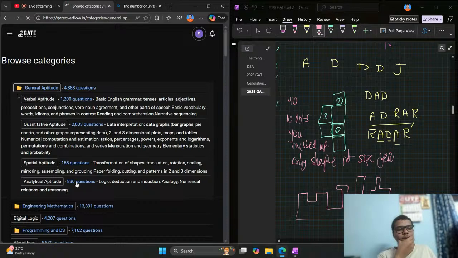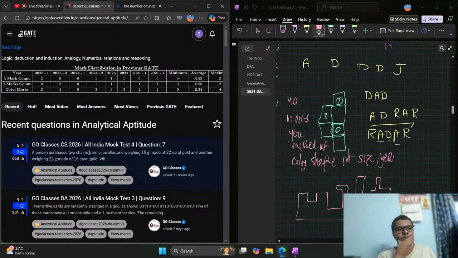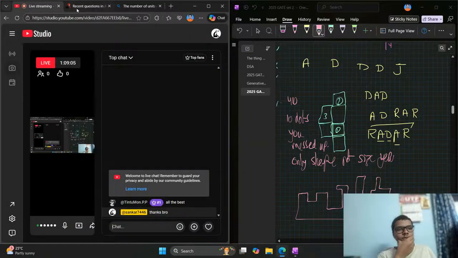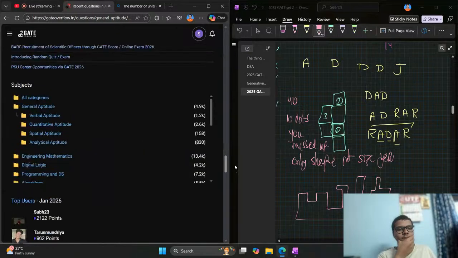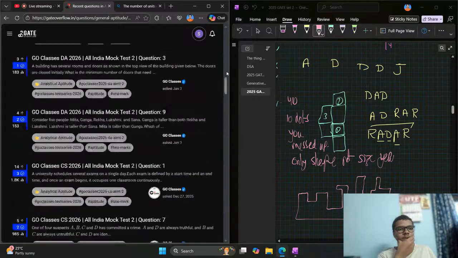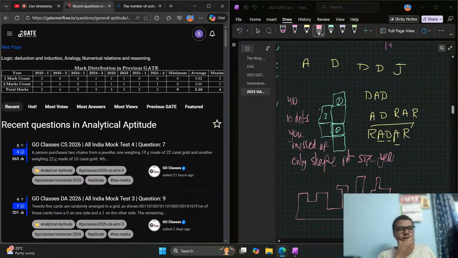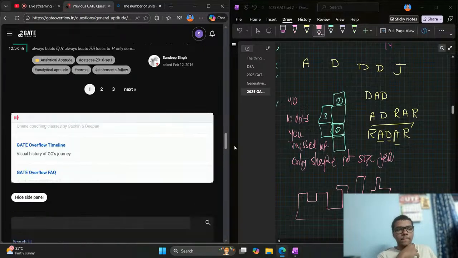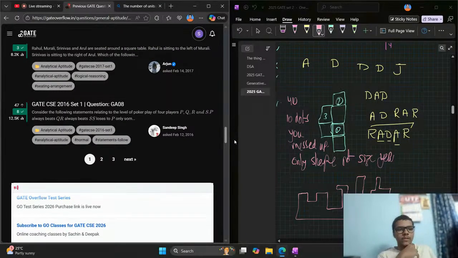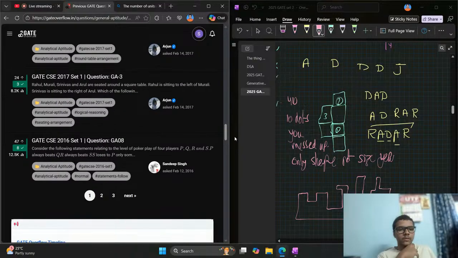Okay, analytical aptitude. How many of analytical aptitude do we have? What the heck? I just need previous GATE, man, nothing else. I will do two rows.